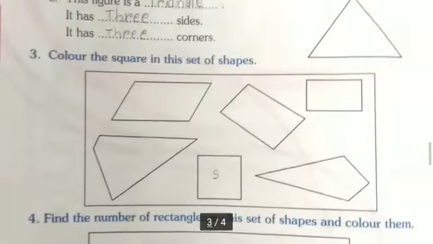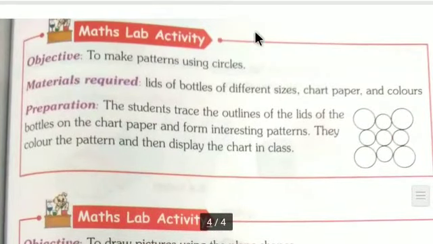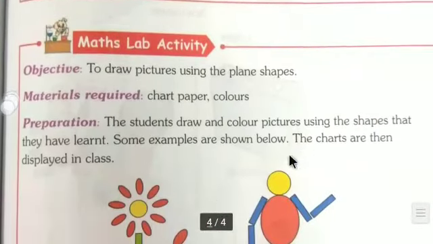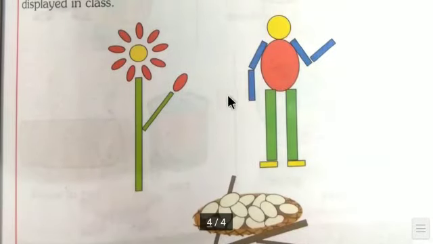Here exercise number 5.1 is complete, students. See, here one activity is given. You can draw this picture by using different shapes. See, here many circles and rectangles are used for making a flower.